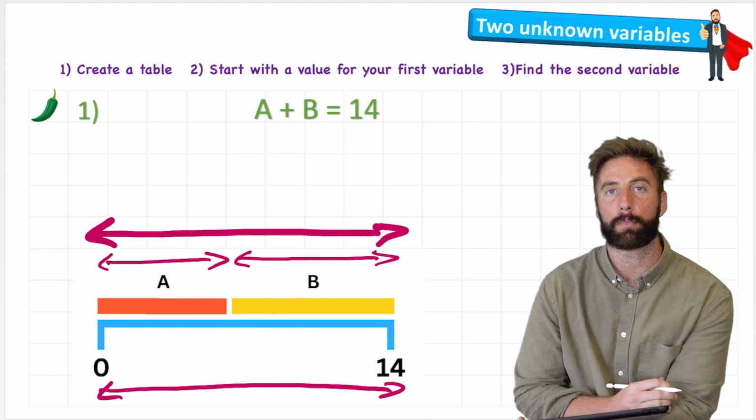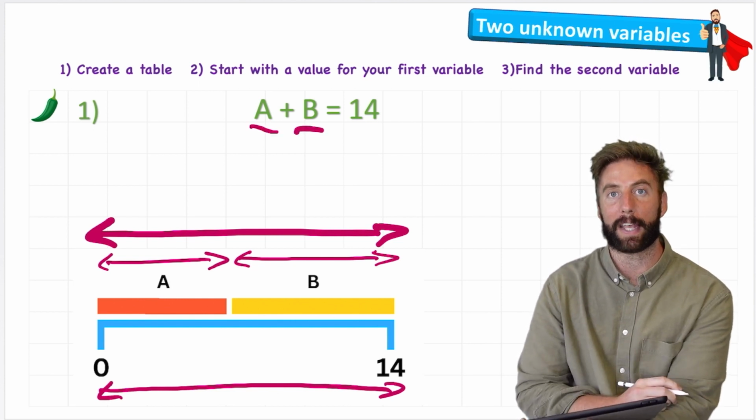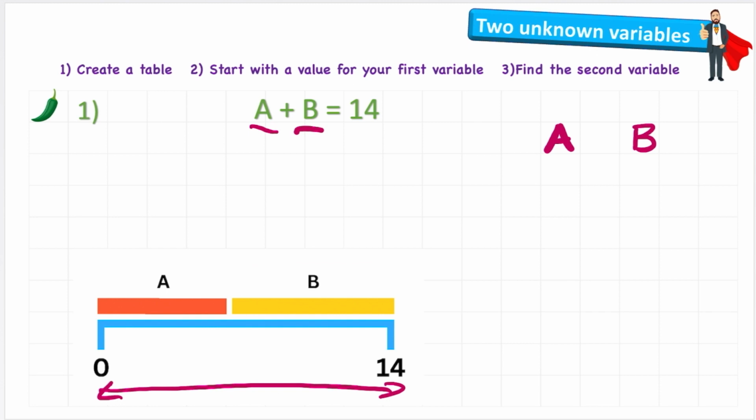So how can we start to put some values on these variables? Well, we're going to do it by making a table. So let's start with a table with a and with b. If we say that a has a value of 1, what we're saying is that this orange a is only the value of 1. So therefore, to find out what b is, b will be the difference between 14 and 1.